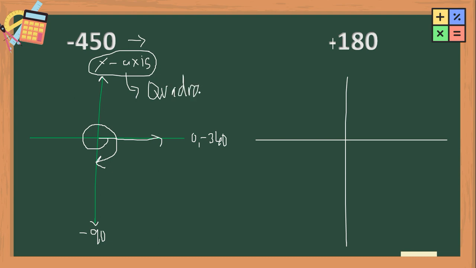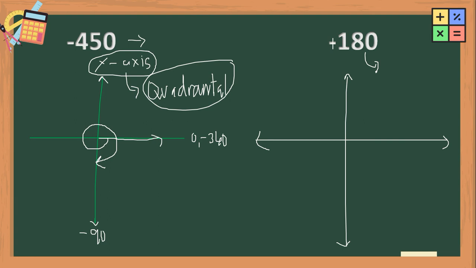Okay? Anong tawag ulit kapag tumapat sa mga axis natin? Answer is quadrantal. Next, what is positive 180? Anong location niya? Anong location ng 180? Answer?